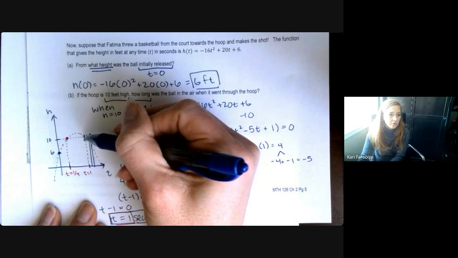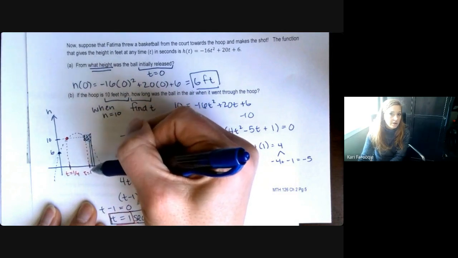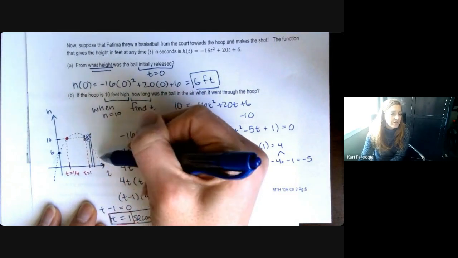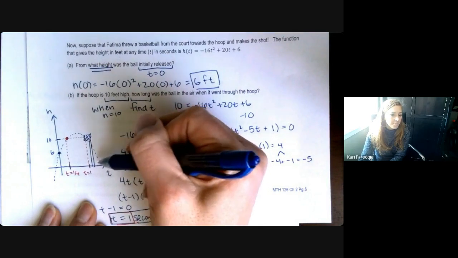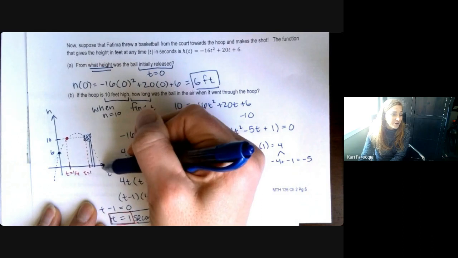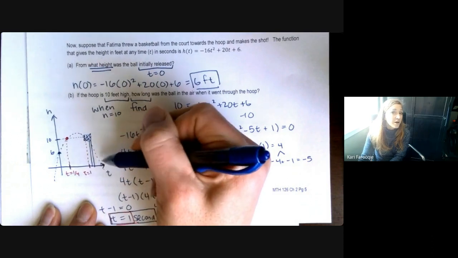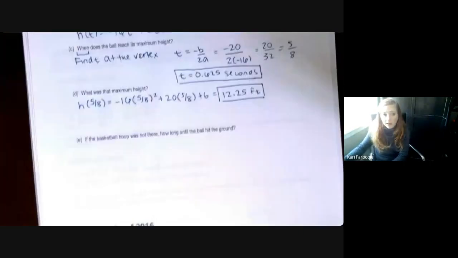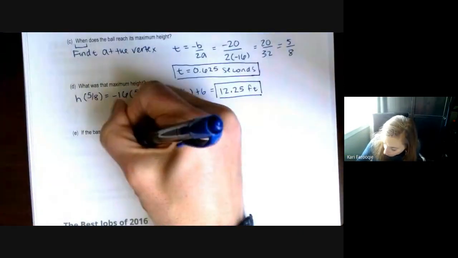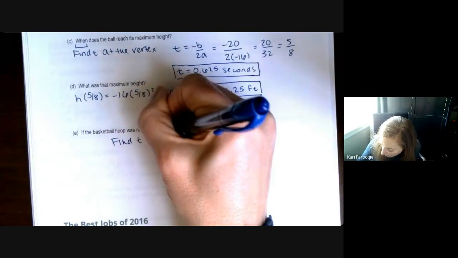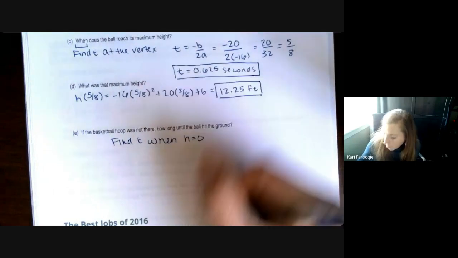It's going to go through, and then it's going to lose its momentum and head downward. But if the basketball hoop wasn't there, the question is, how long would it be until it hit the ground? So we'd be looking for the t-value when the height would become 0. So when it hits the ground, the height is 0. So find t, the time, when the height is 0.